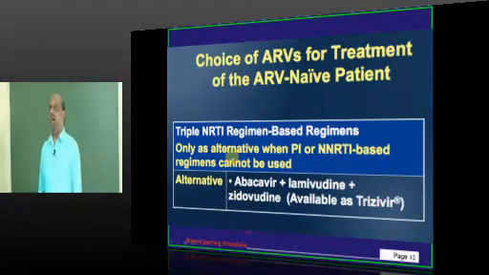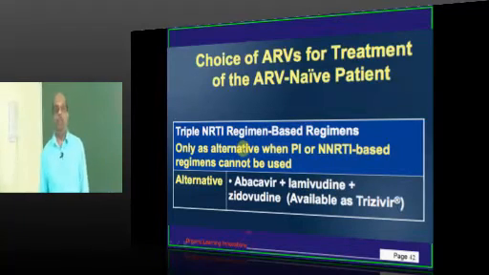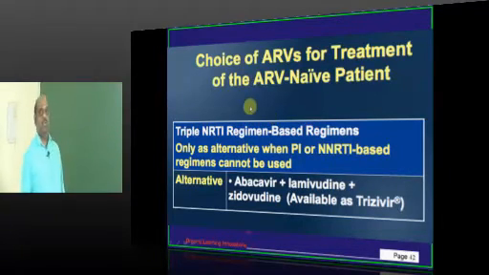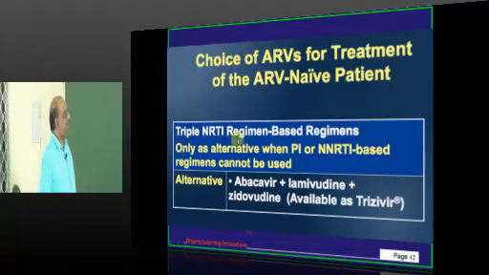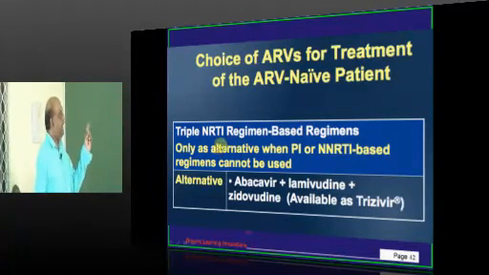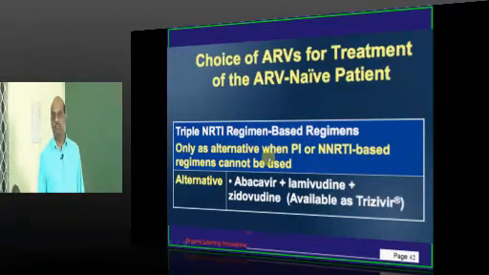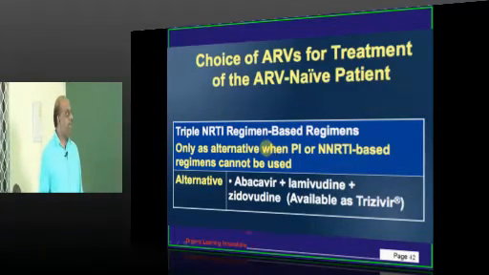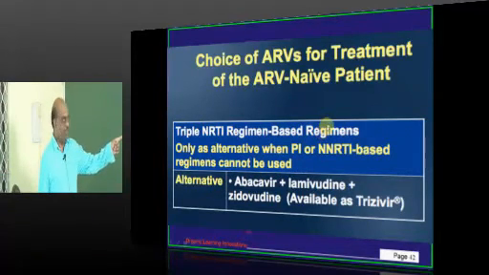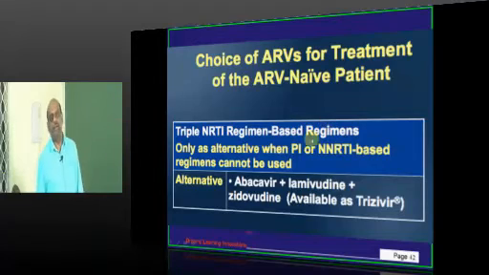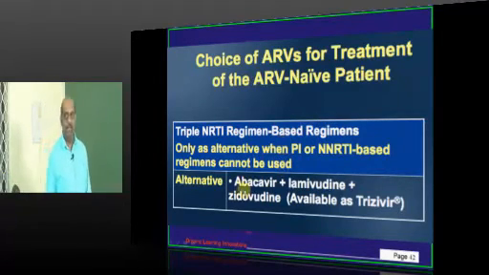So whenever you have a naive patient, not the one who became resistant, what is the best choice available for you? Triple NRTI regimen. When will you use that? When protease inhibitor or NNRTI based regimens can't be used, then a triple NRTI regimen is the one which you can use. But what is preferable generally?